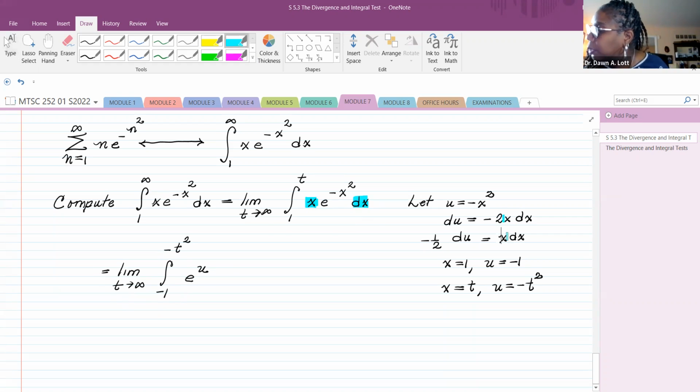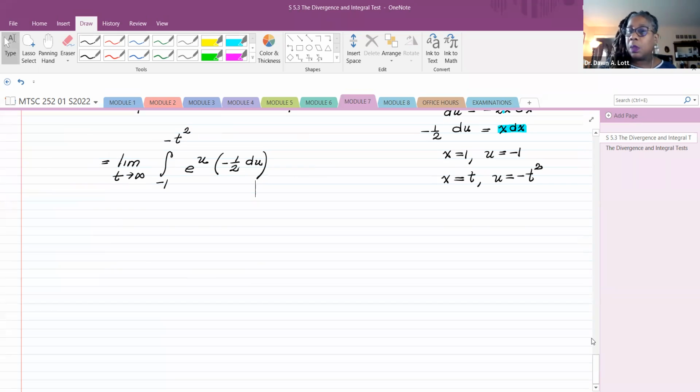Well, I already know, x dx is negative 1/2 du. So now I get the limit as t approaches infinity.